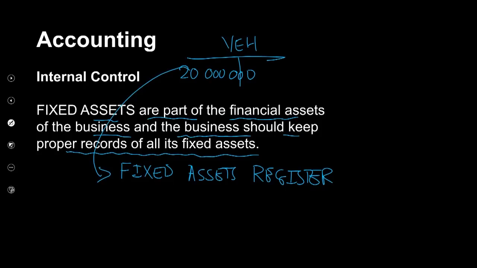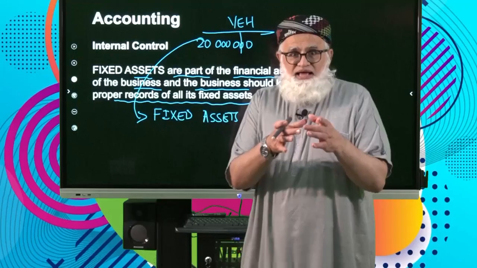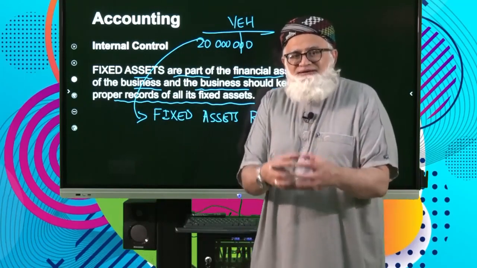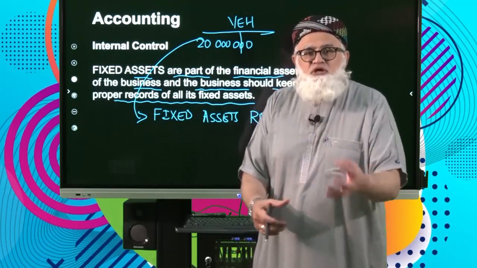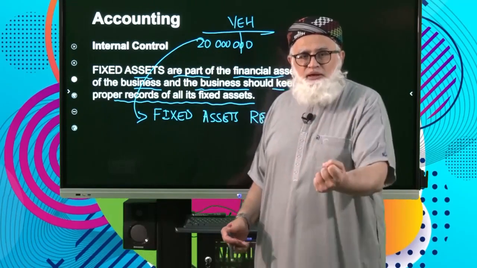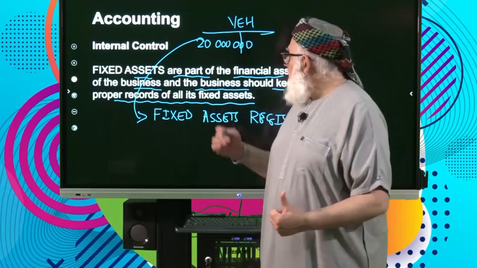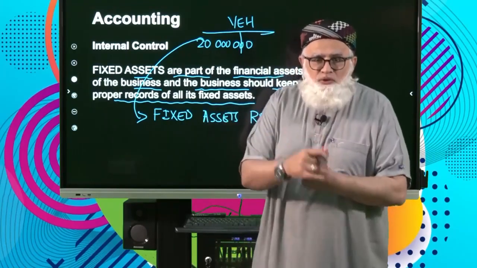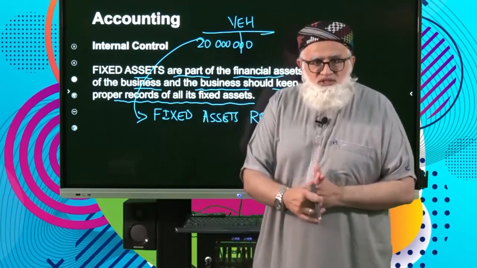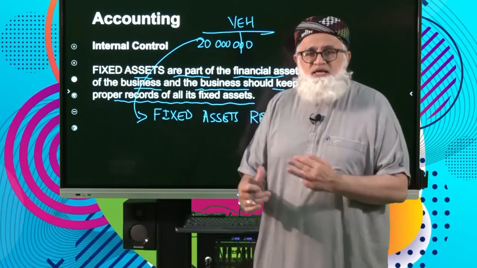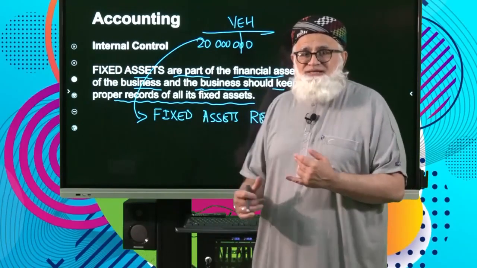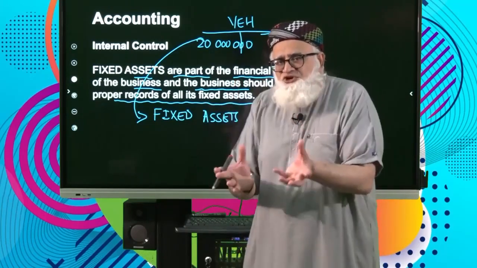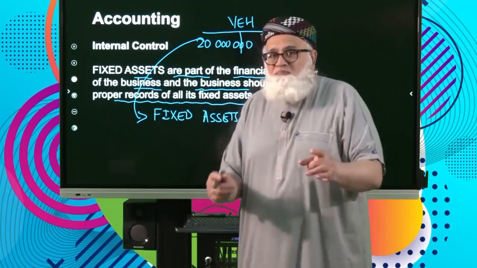Every vehicle will have a register with all its information regarding that particular vehicle. In that way, we are able to control what? The records of that vehicle in terms of when was it purchased, who was the supplier, what was the purchase price, what's the method of depreciation, etc. So all the information regarding that vehicle will be in it.